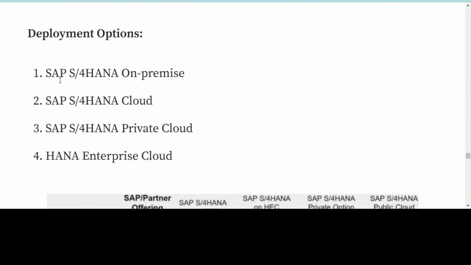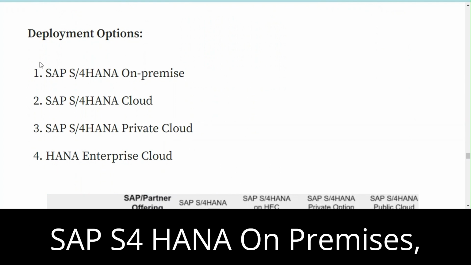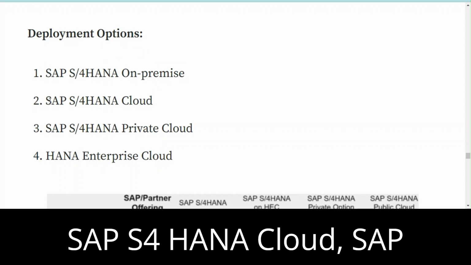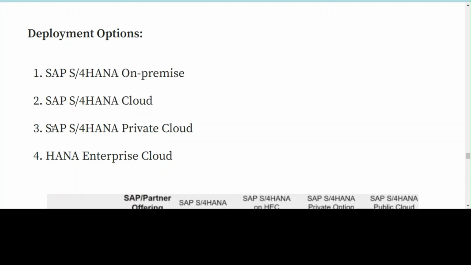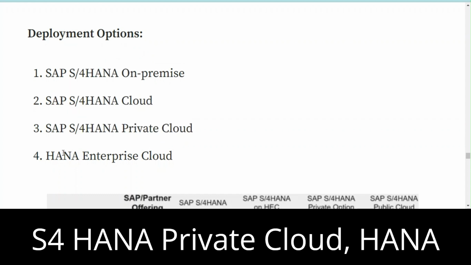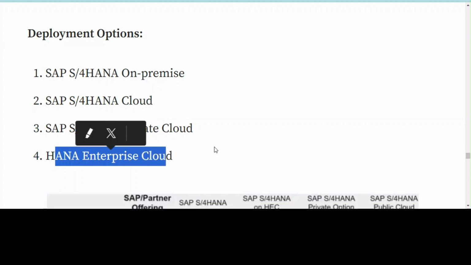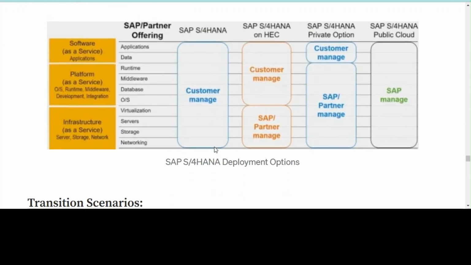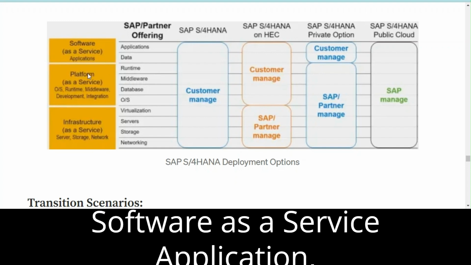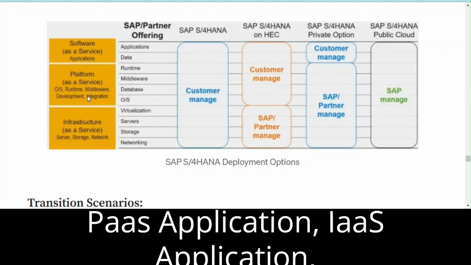Deployment options: SAP S/4HANA on premise, SAP S/4HANA Cloud, SAP S/4HANA private cloud, HANA Enterprise Cloud. Software as a service application, PaaS application, IaaS application.